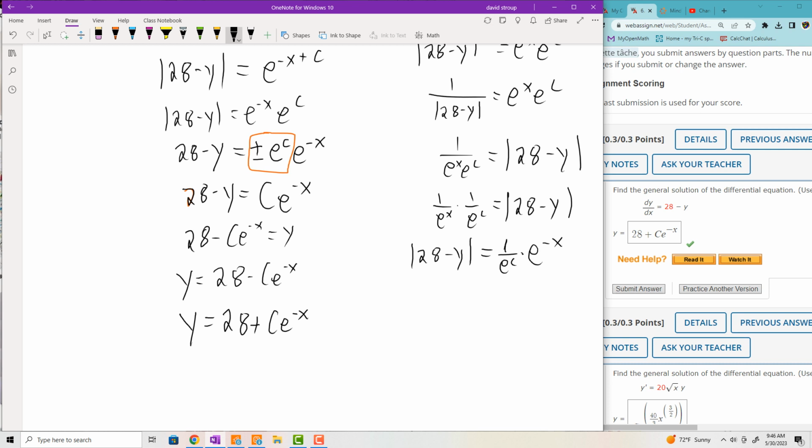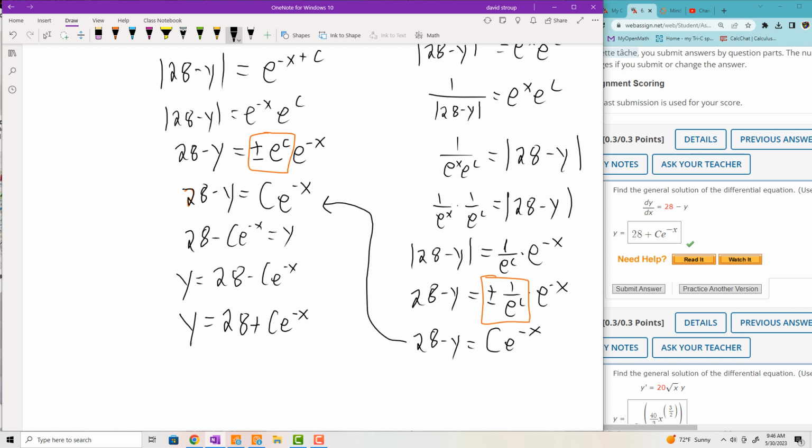And then I could drop the absolute values. I have 28 minus y equals plus or minus 1 all over e to the c times e to the negative x. And then I'm going to replace that critter with a big C, like that. And now we are in this position here.